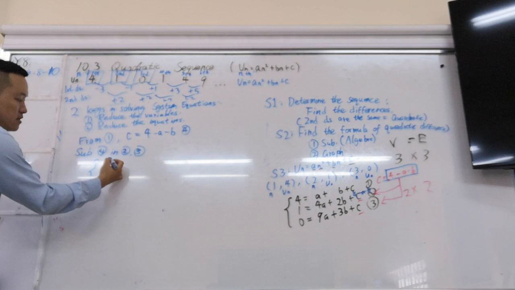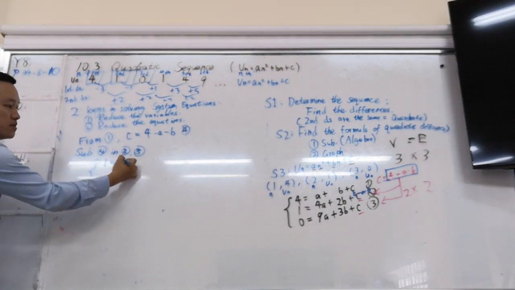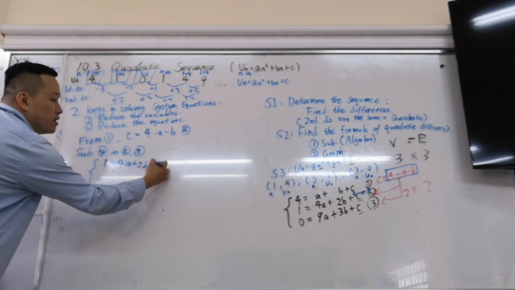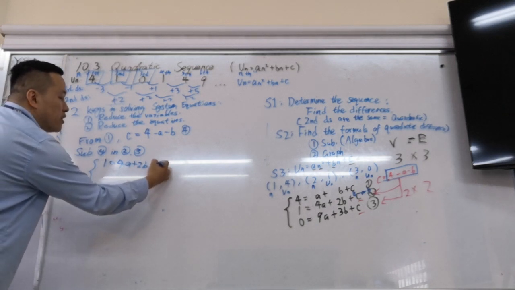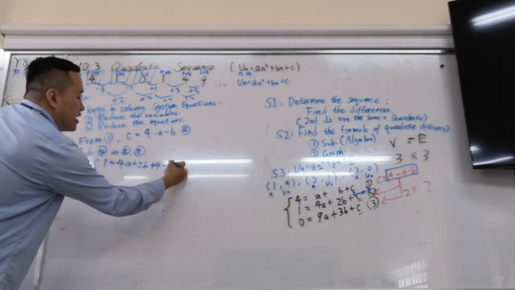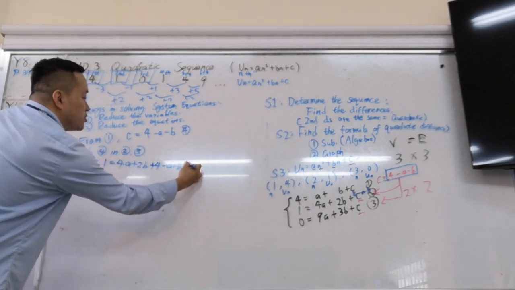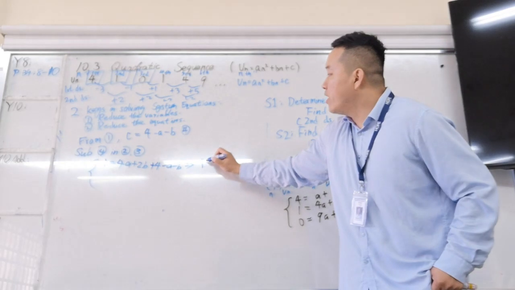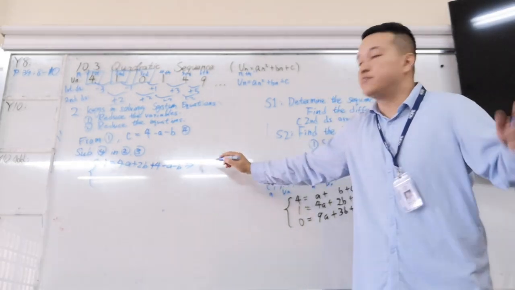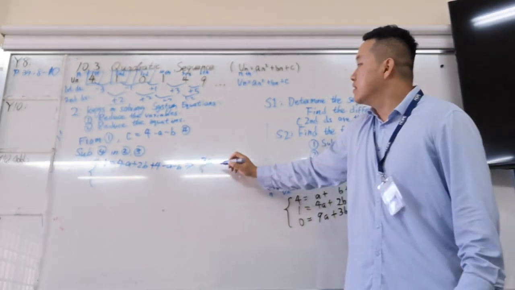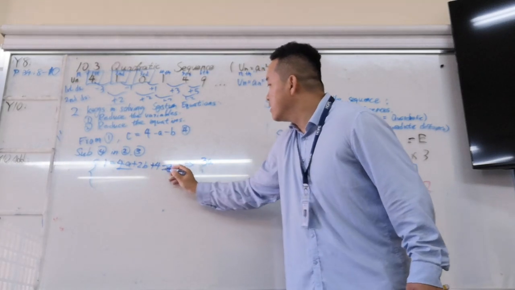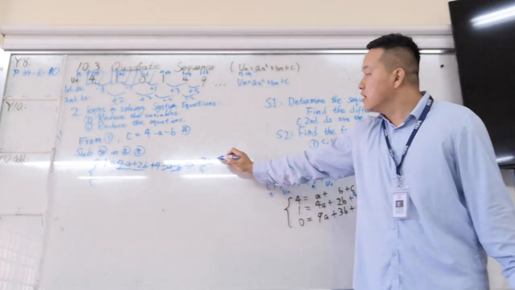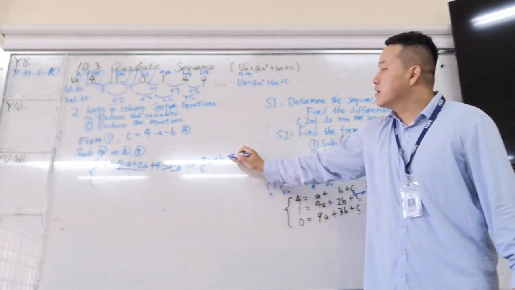I'm going to write 1 is equal to 4A plus 2B plus 4 minus A minus B, which is equal to what? 3A, simplify, plus B plus 4.